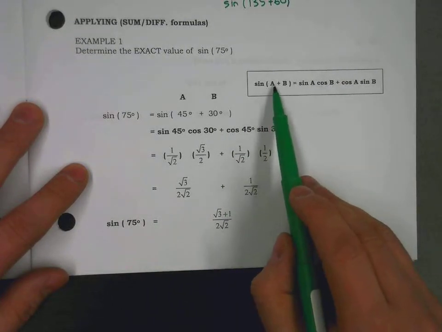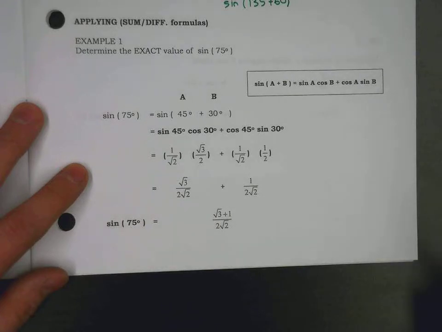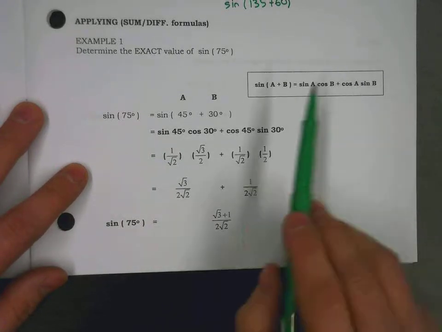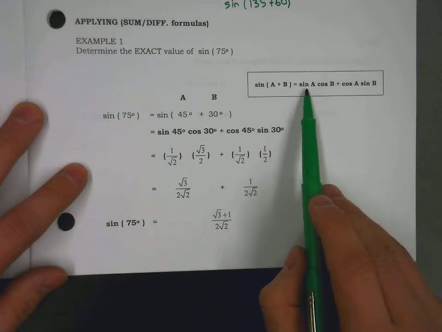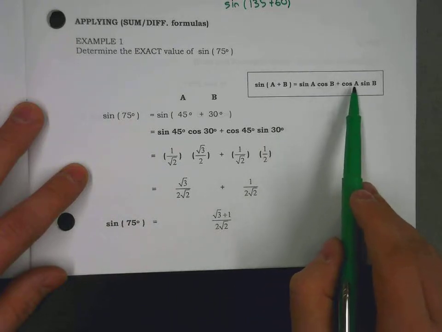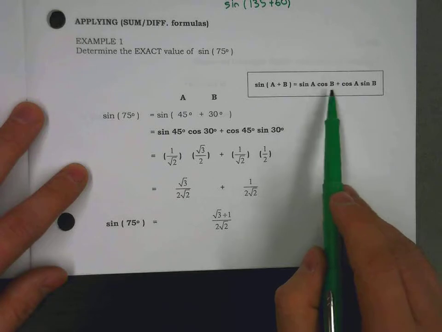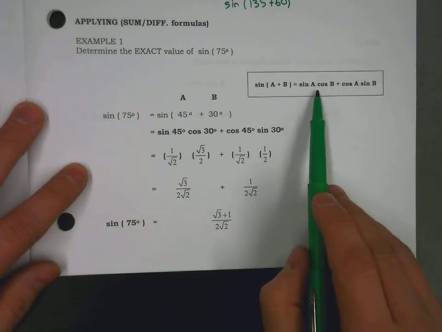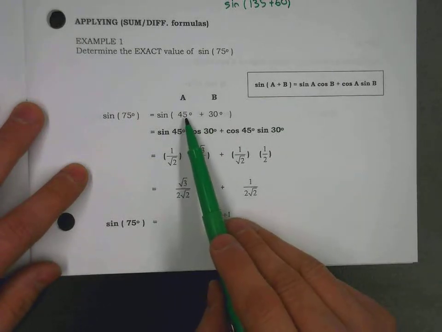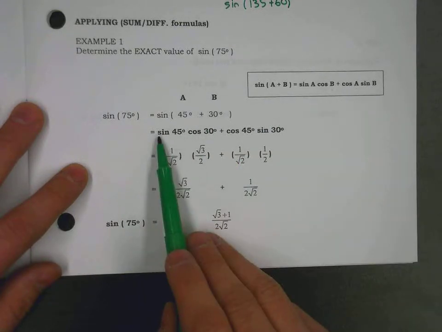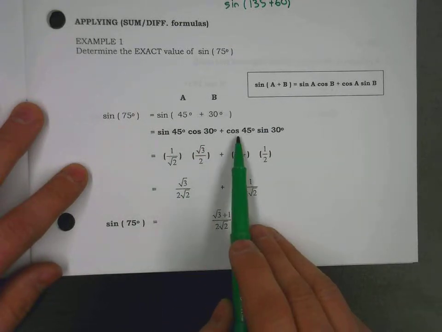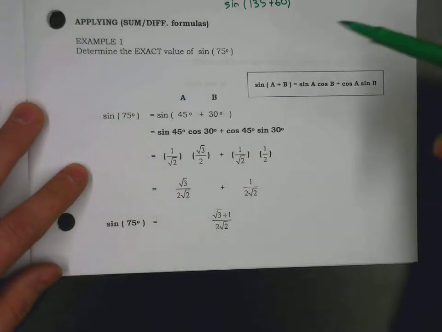Now, you'll get to see alphas and betas, but the letters are the same, essentially. And so when you see sine of an addition, you're going to see sine A cos B plus cos A sine B. Basically just sines and coses and A's and B's, where A is 45 and B is 30. So you can look at that and swap out sine 45, cos 30, cos 45, sine 30, and then evaluate.